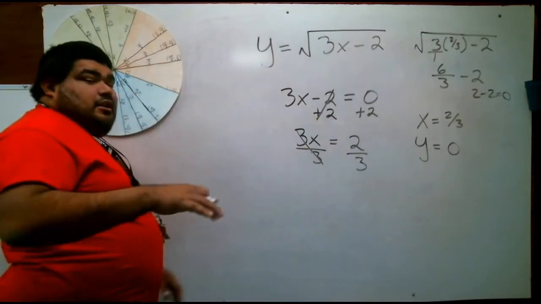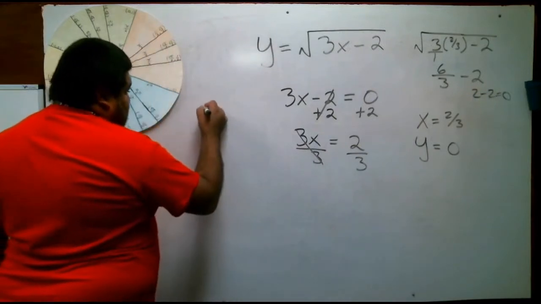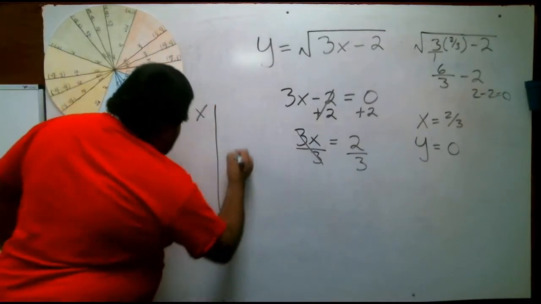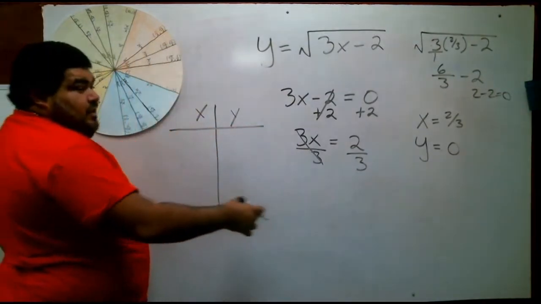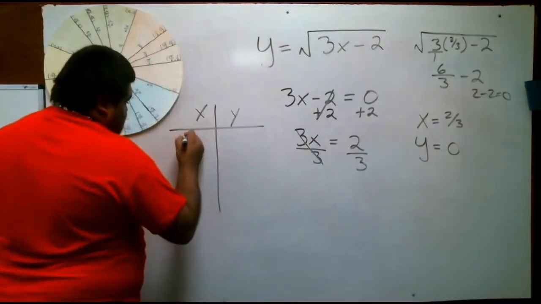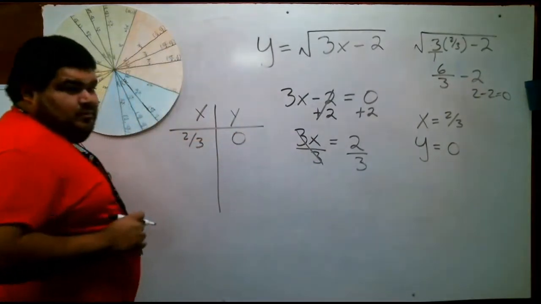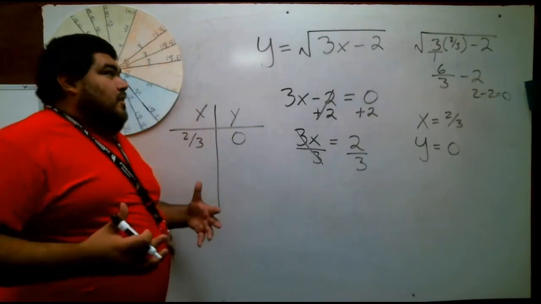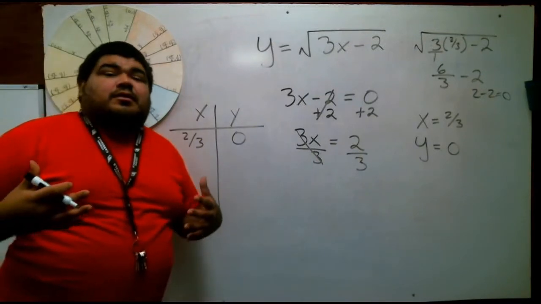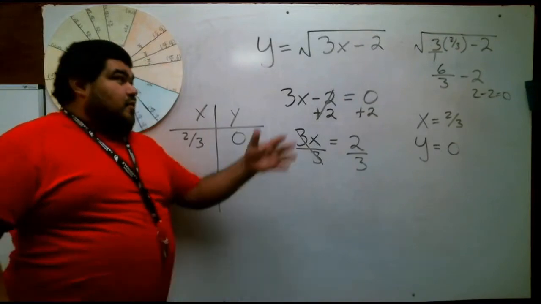Now that we have that, we can actually do a little table for a few points. So let's do our x. Let's do our y. Our starting point again is x equals 2/3, and our y was 0. Now we're going to pick a few more points in here. If you notice, try to pick numbers that give you mostly a full number.